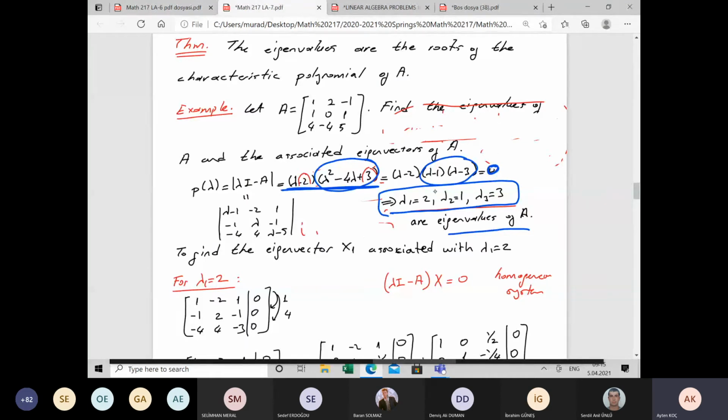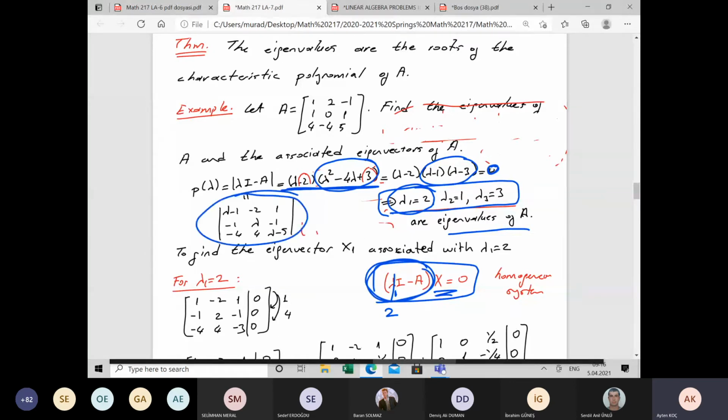Now let's apply this. Lambda 1 is 2, and find the corresponding eigenvector. Write the homogeneous system, write 2 for lambda, and find x. But be careful with this matrix. Let's come back to our problem here.